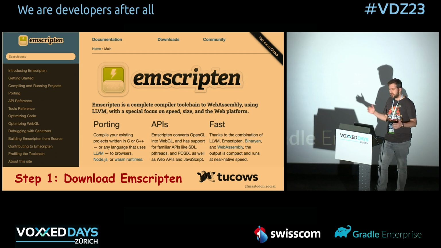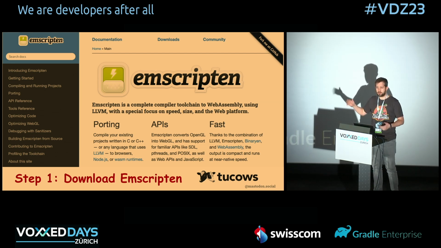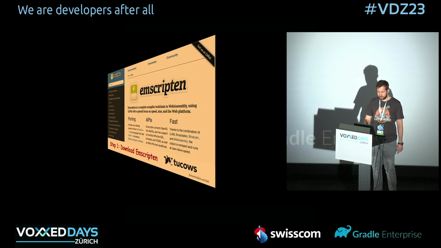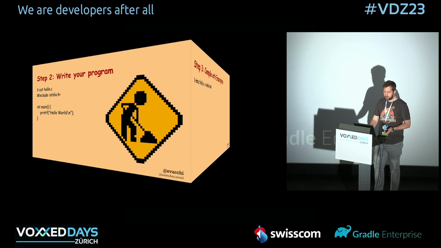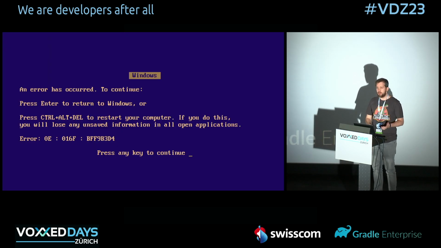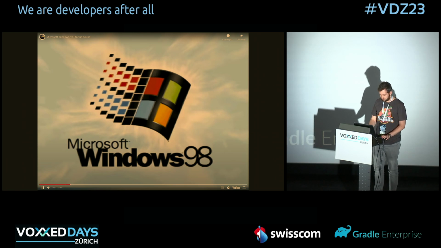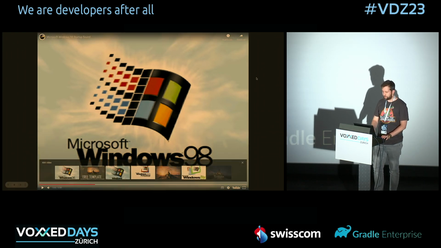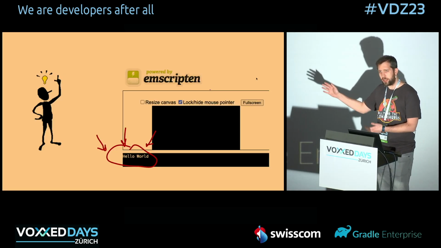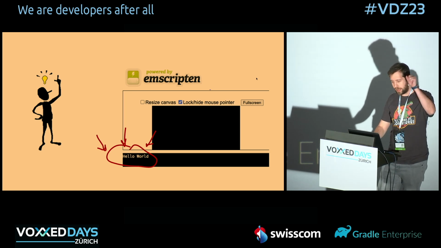And then they go something like, let's go download mscript, and it's a compiler for WebAssembly, and my favorite download website is 2cows, and then you can write your hello world in C, and then you compile it, and then, sorry, this is my first day, let me reboot my computer, this is the first time, sorry, and then you print hello world in your browser, yay!